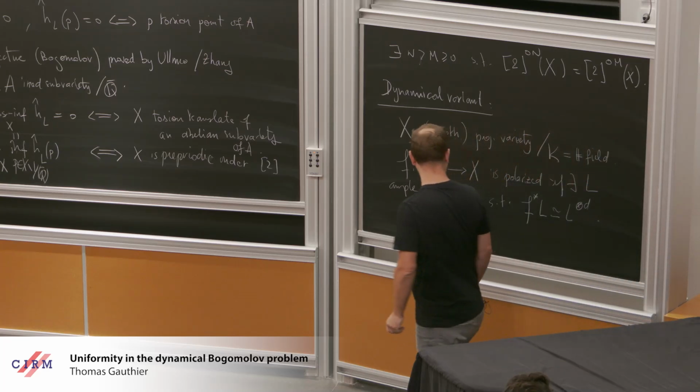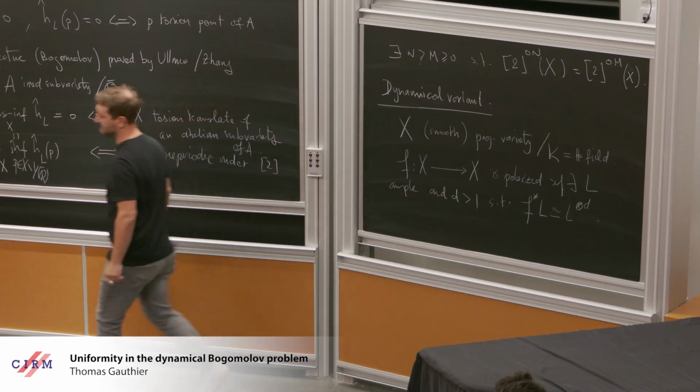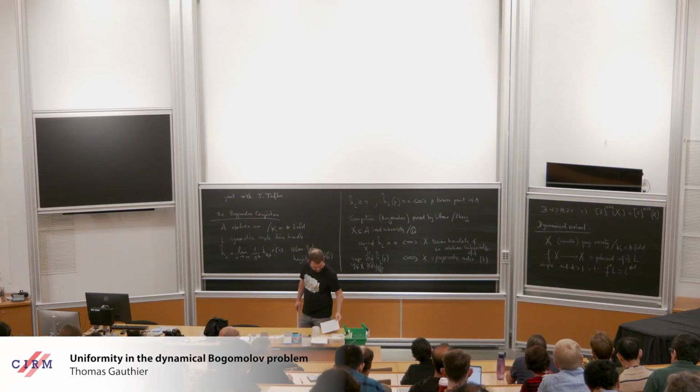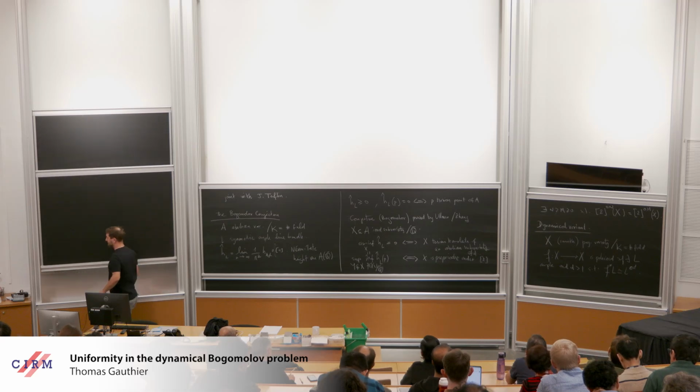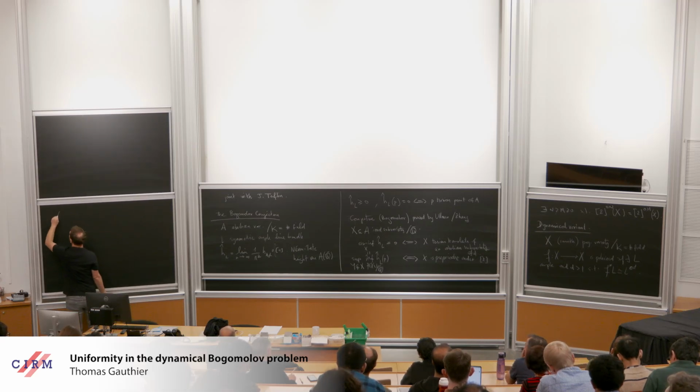Okay, so this is the setting. For example, X is an abelian variety, and F is multiplication by 2.